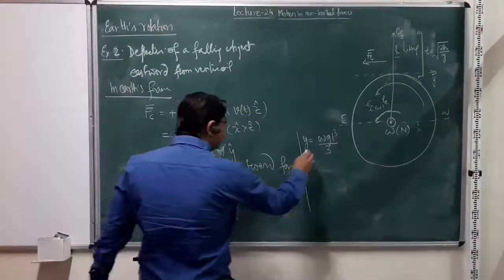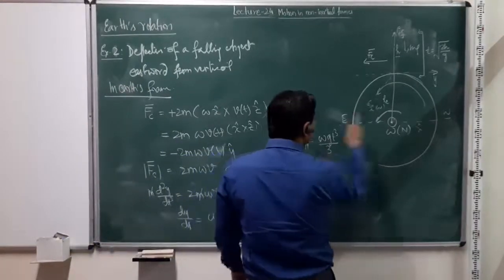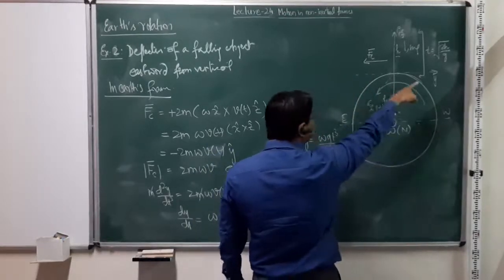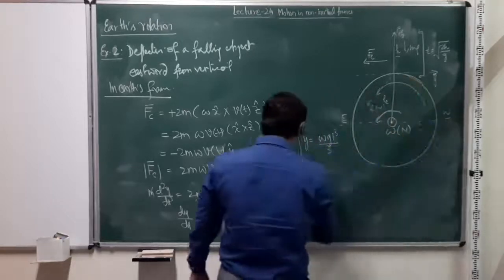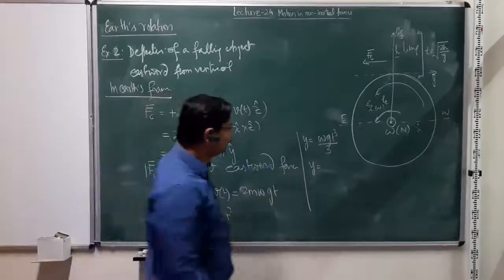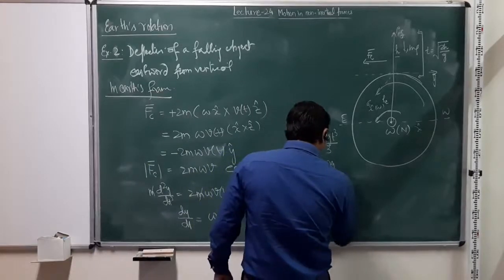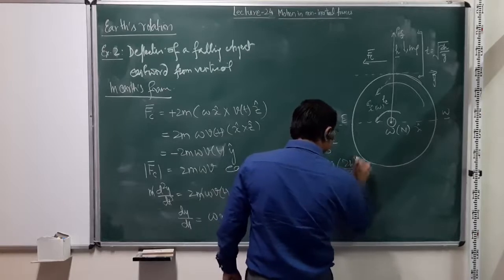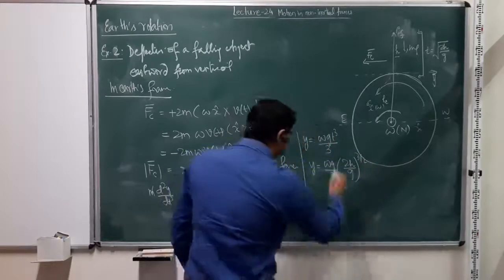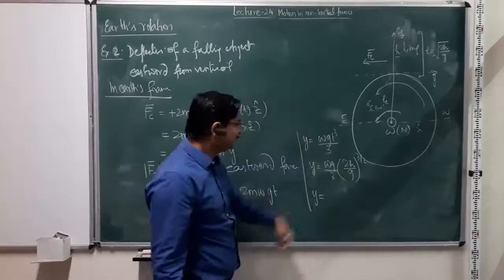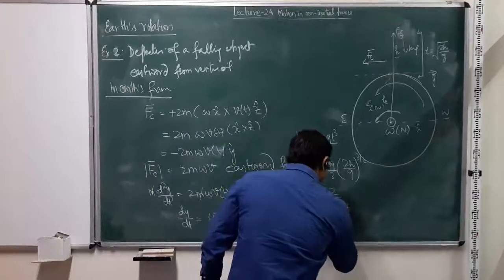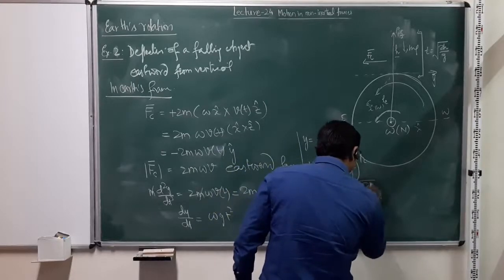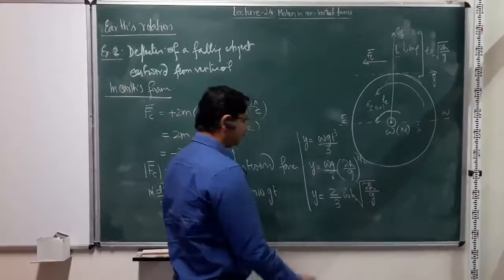So we can replace this time here, and we can find out the eastward deflection, actually minus y, because this is in the opposite direction of y cap, right? However, we have already defined that this is the eastward. So the eastward deflection y is then omega g by 3, and then 2h by g to the power 3/2, right? Or we can simplify this and write this as 2 by 3 omega h square root 2h by g.